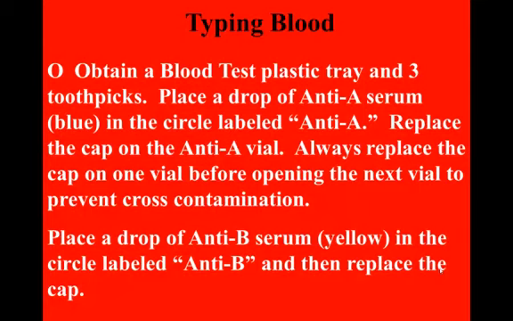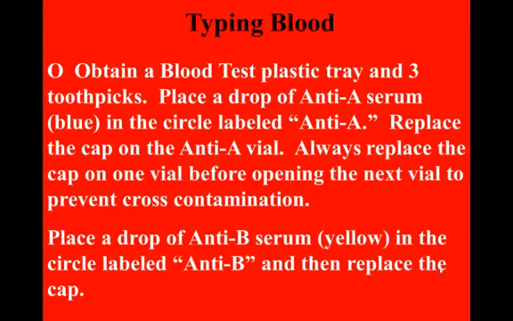It's going to do that with the A antigen. So if I put a drop of anti-A serum into one of the wells and I mix it up and I see little clumps everywhere, that's a positive reaction. So that means, yes, there's the presence of the A antigen.